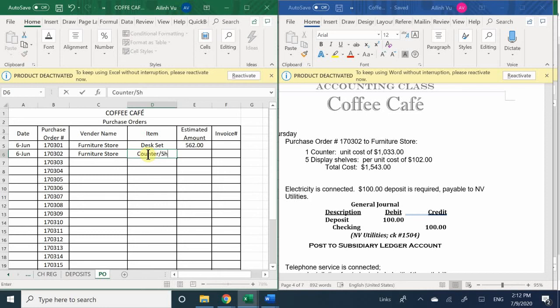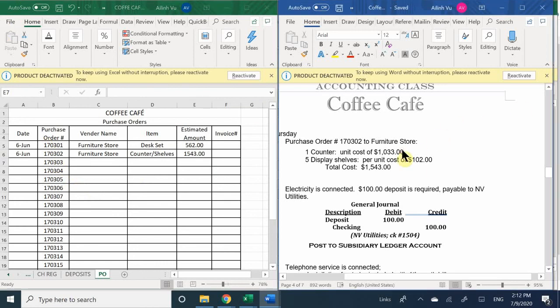As long as I know what it is, that's all. I don't need to be into detail. As long as I give a brief description, I bought this and that, you don't need to be super specific. It's going to give me a total cost of $1,543. It's the same company.